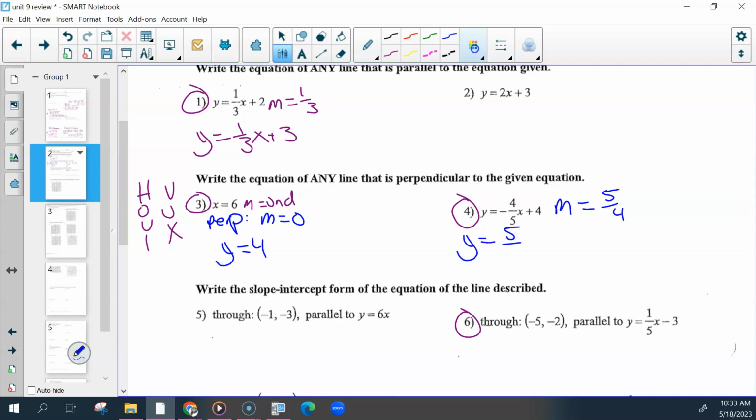So y equals 5/4 x. Someone give me a y-intercept. Perpendicular can be the same y-intercept or different, does not matter. Yeah, do the opposite. So it was negative, we made it positive. Other questions on 4?